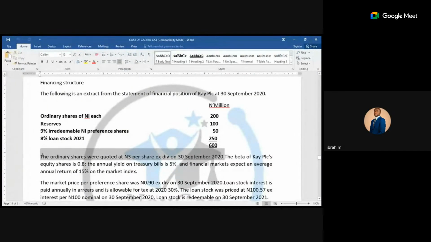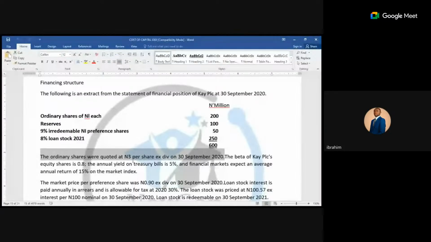Class, the ordinary shares were quoted at 3 naira per share as div, right? On 30th September 2020. So it means that were quoted, that is the market price or market value as div.